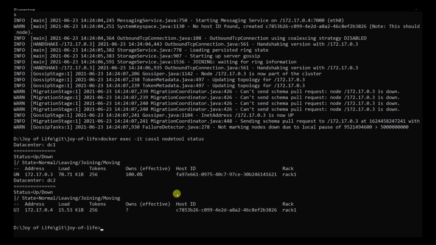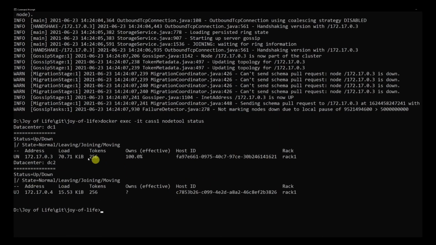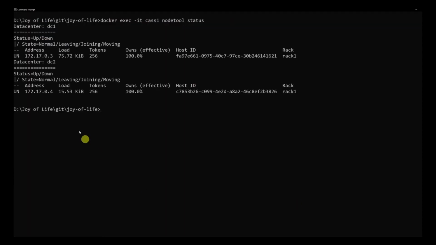If you give this command, you can see that we have 2 data centers over here. So he has not been owning anything. So 100% of the data will be owned by rack 1, and this is rack 2. As we have created 2 data centers, this is our DC1 and this is our DC2, and DC1 owns 100% of the data. Let's run it again. So you can see now both have joined and both own 100% of the data, right? And they're in 2 different data centers.